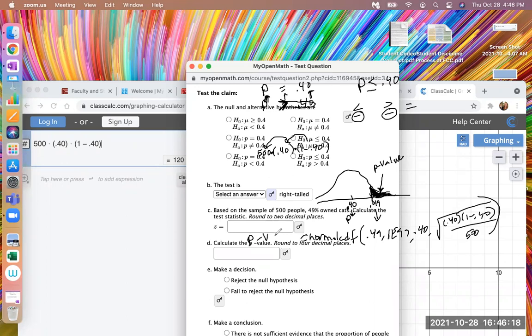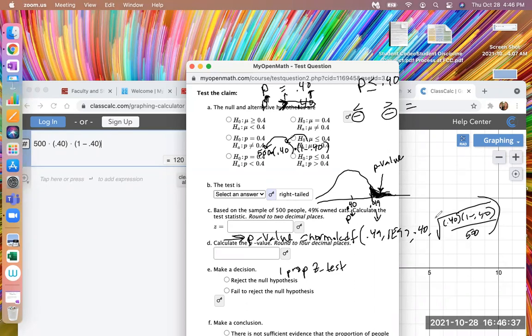Or we can just use our one-prop z-test. I believe it is the one-prop z-test that will just go more directly, straight to the answer. This one, you kind of have to calculate.